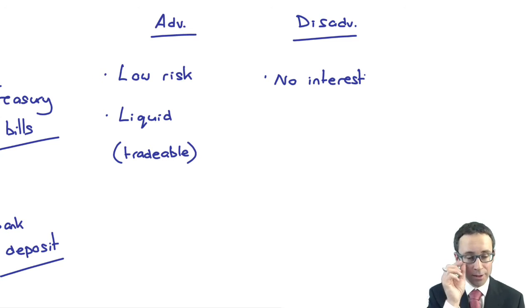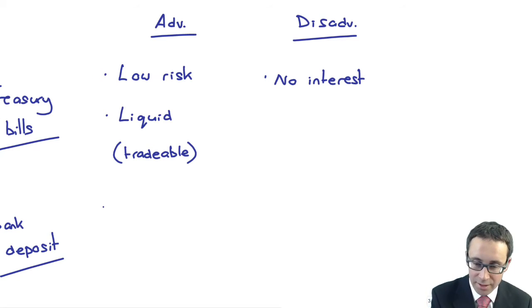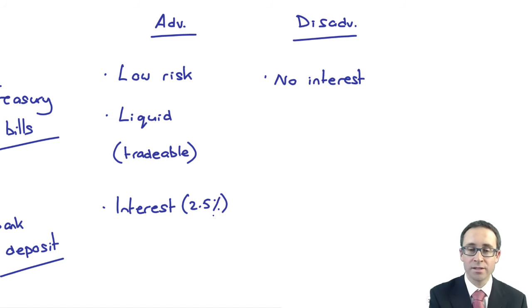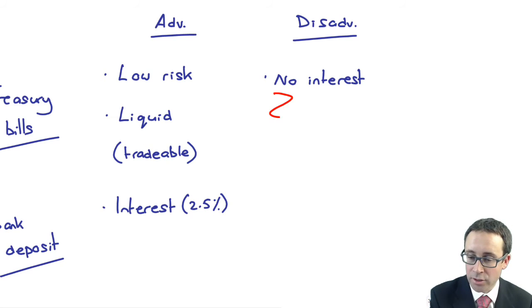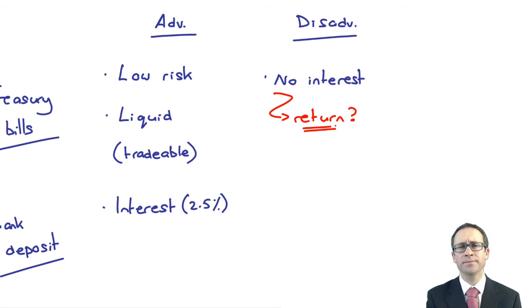With regards to the bank deposits, I suppose the advantage there is that you do receive interest, don't you? So I think in this instance it was 2.5%. There may be no interest, but on the treasury bill you do get a return, don't you? Okay, you can have a look and you could work that through, couldn't we?